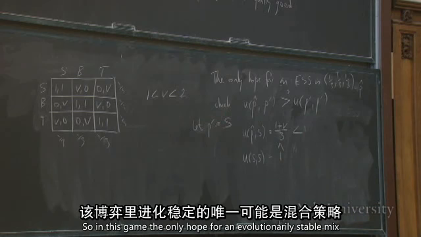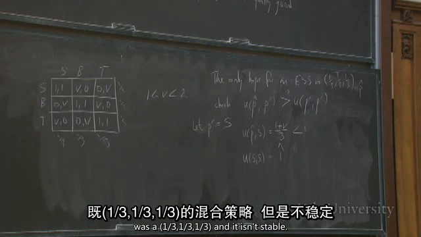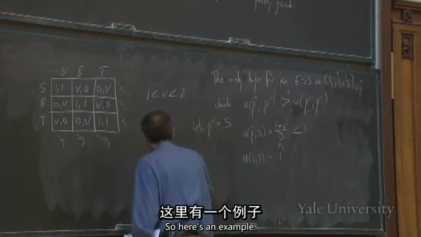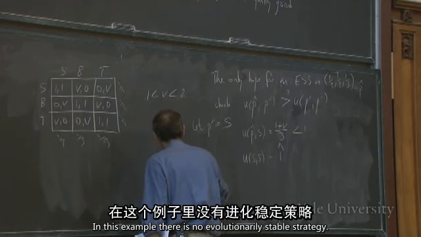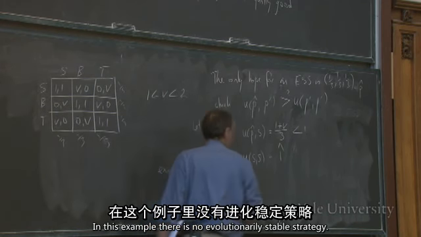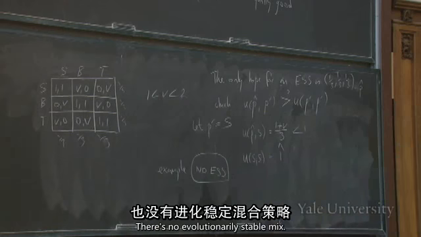So in this game, the only hope for an evolutionary stable mix was 1/3, 1/3, 1/3, and it isn't stable. So here's an example in which there is no evolutionary stable strategy. There's no evolutionary stable mix.